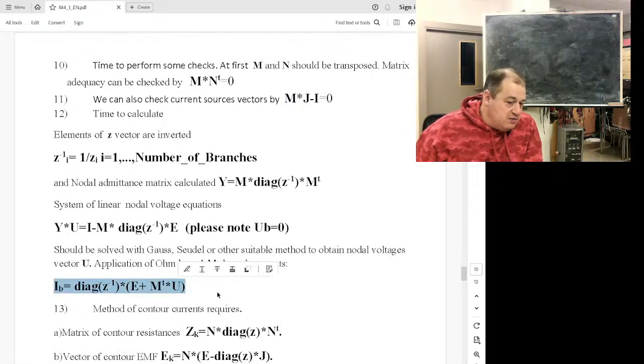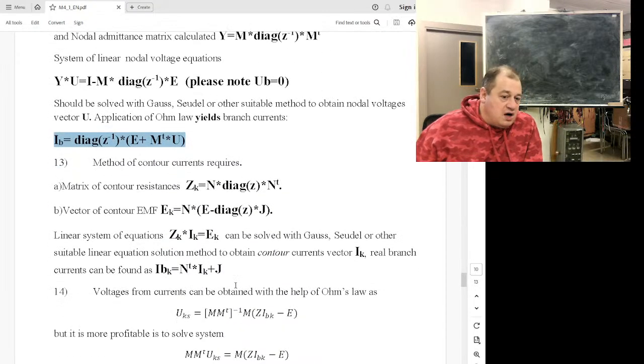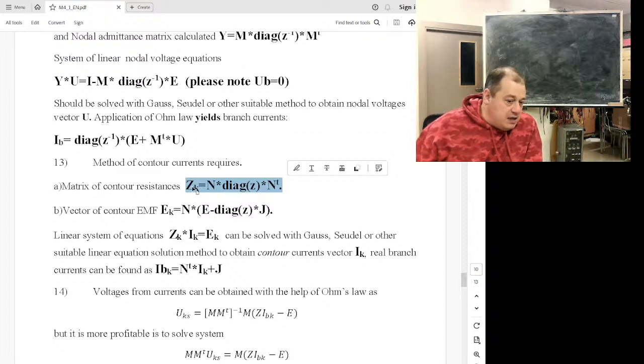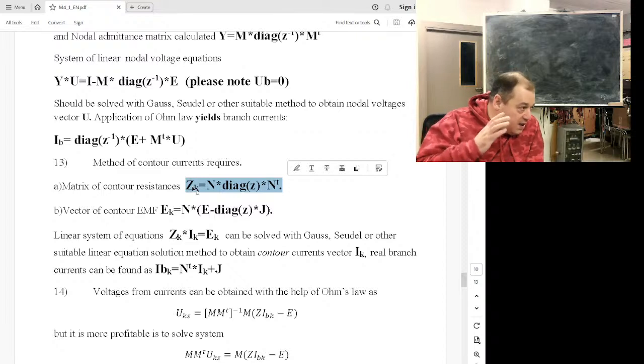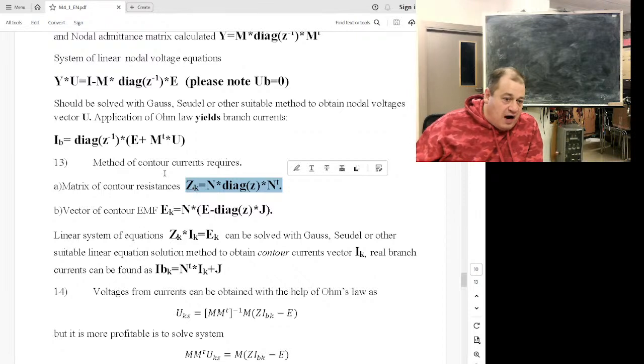Branch currents by Ohm law without any problem. Contour current, same thing as we saw on DC. I can get a contour resistance. They will be complex. The only difference, they will be complex. But the key core remains the same.